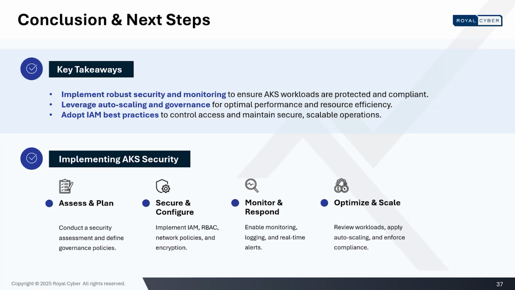We are going to leverage auto scaling and governance for optimal performance and resource efficiency. We are going to adopt IAM best practices to control access and maintain security. And we are going to monitor using Azure Monitor and log the details.